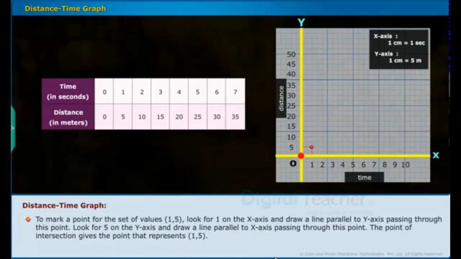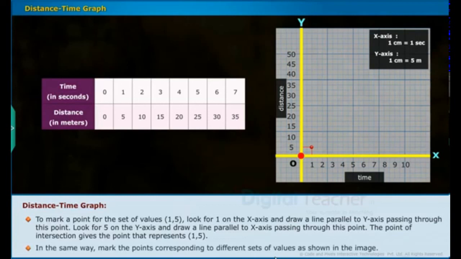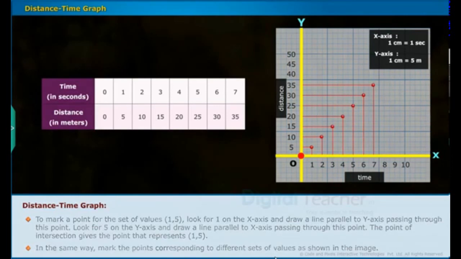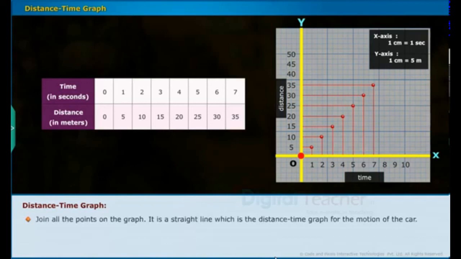The point of intersection gives the point that represents 1, 5. In the same way, mark the points corresponding to different sets of values as shown in the image. Join all the points on the graph. It is a straight line, which is the distance time graph for the motion of the car.